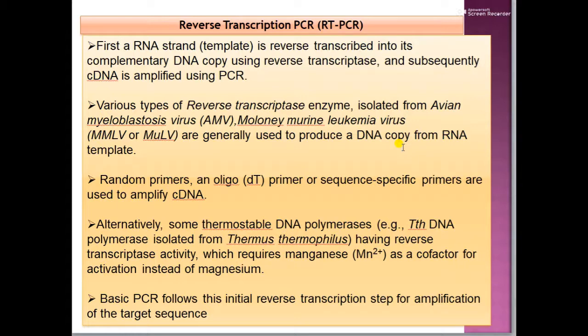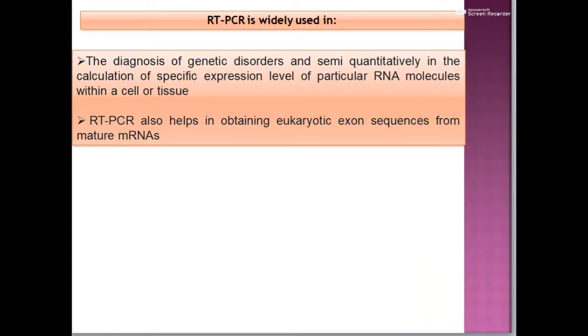So the basic PCR protocol is just the same, but the only thing is that it requires an additional step in which the RNA has to be converted into cDNA. So RT-PCR, as we have told, you can use for different purposes, either for the detection of RNA viruses, or you can also use it for genetic disorders and also in obtaining eukaryotic exon sequences from mature mRNAs.